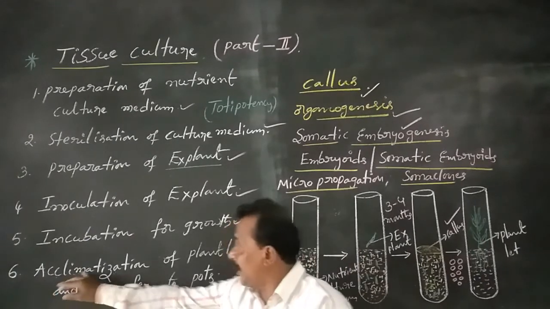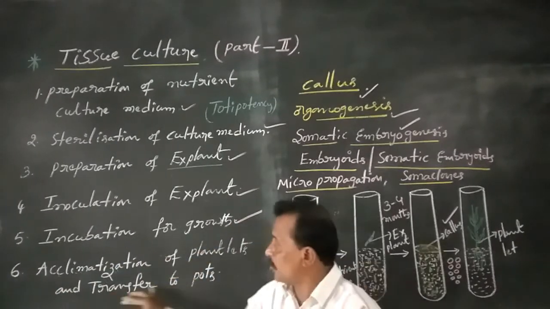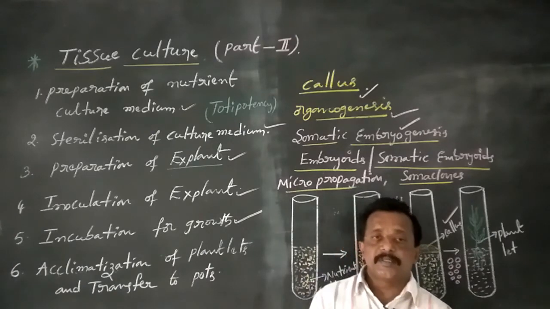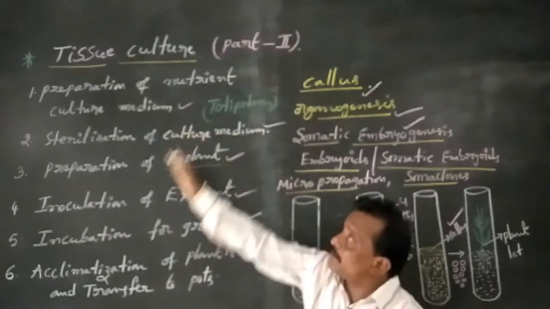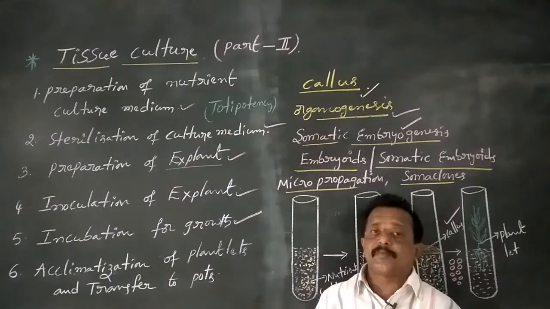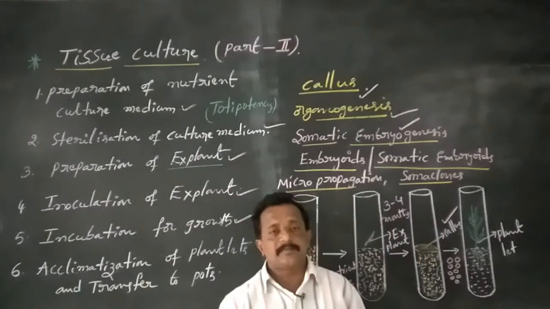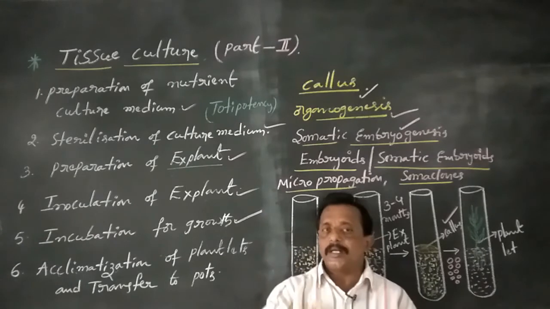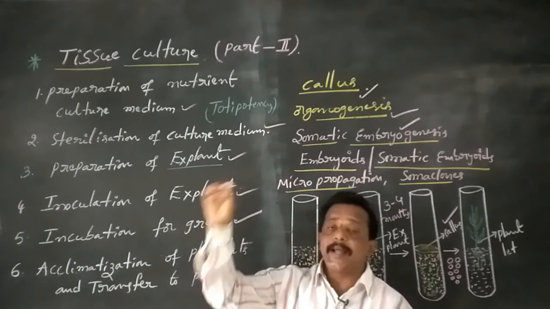That is the acclimatization of plantlets and transfer to pots. So these are the 6 steps in plant tissue culture.